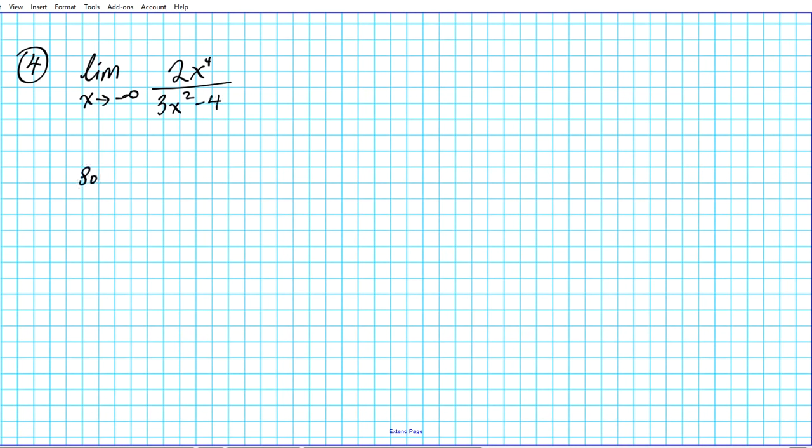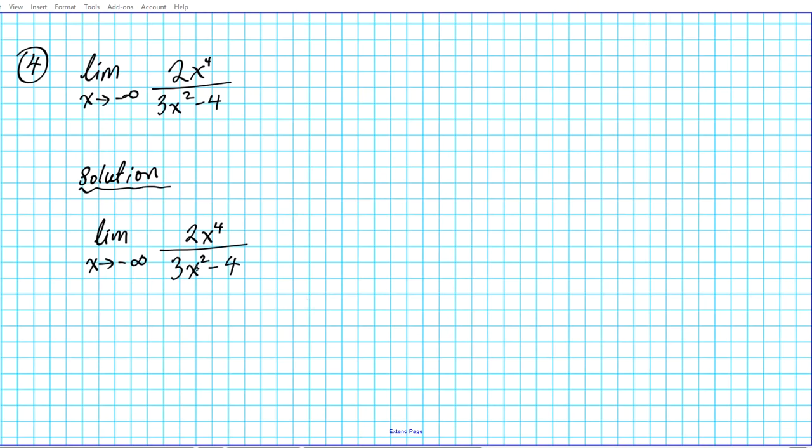Alright, so for this one, let's go ahead and compare the degree of the numerator and the denominator. Basically, we're looking at the degrees of the leading terms for the numerator and the denominator. So if we take a look at this right here, we have only one term in the numerator, the quartic monomial 2x to the 4th, and then the leading term in the denominator is the 3x squared component.